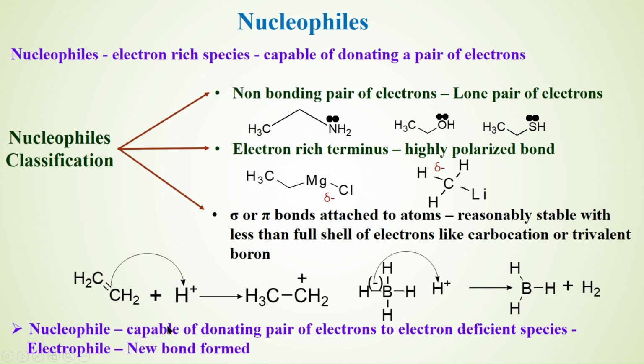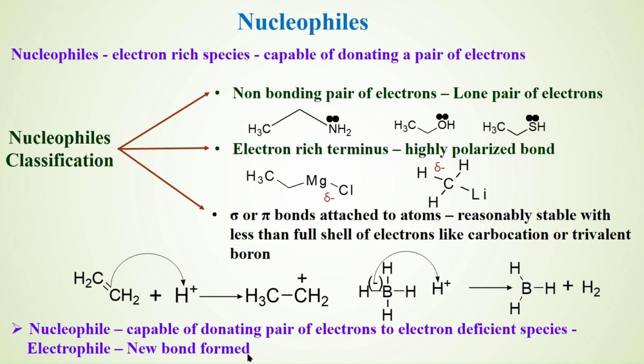Nucleophiles are capable of donating the lone pair of electrons to electron-deficient species like electrophiles, and this donating power of nucleophiles to electron-deficient species is the basis of bond formation between the two different species.